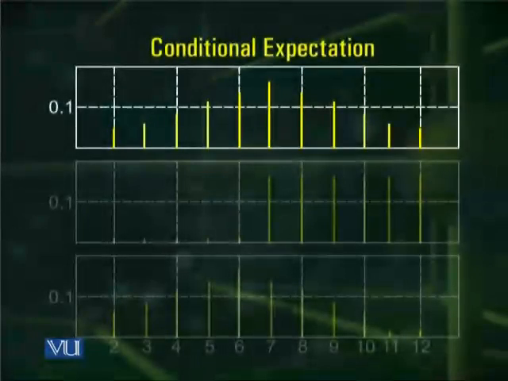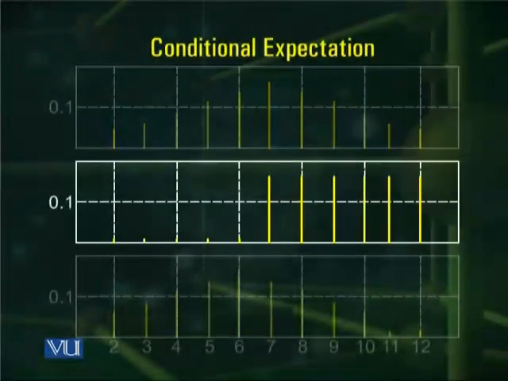This is clear if you look at the central figure in this slide, which shows the conditional probability mass function for this case, which starts at 7, ends at 12, and attains probability values of 1 over 6 for 7, 8, 9, 10, 11, and 12. And how do you find the expected value of this conditional probability mass function?